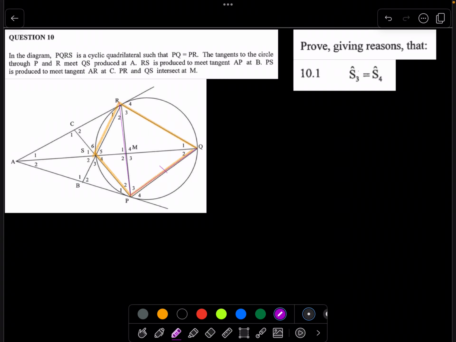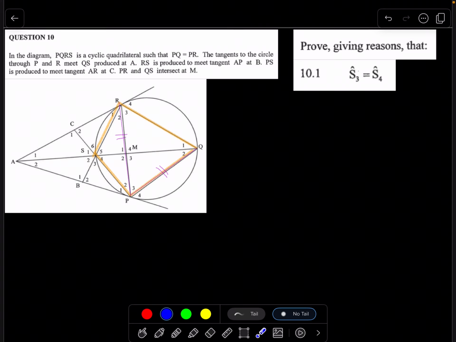Okay, so we've been told that these are equal in length. Okay, right. And then the tangents to the circle through P and R, so that tangent and that tangent meet QS produced at A. Okay, so this is one straight line, tangents meet there at A.